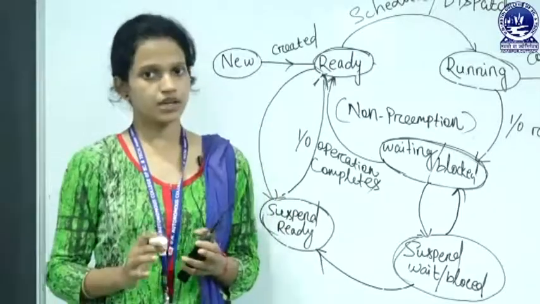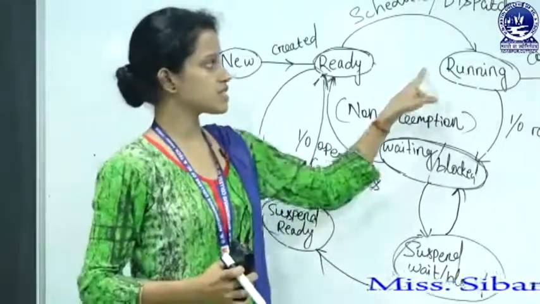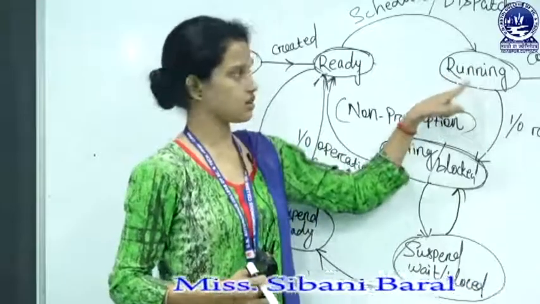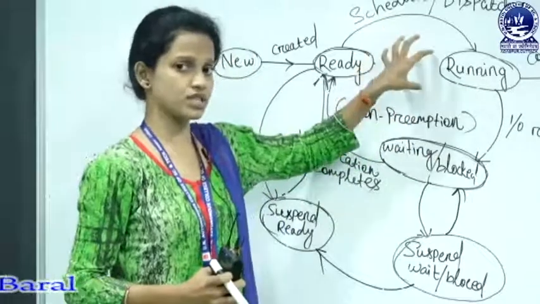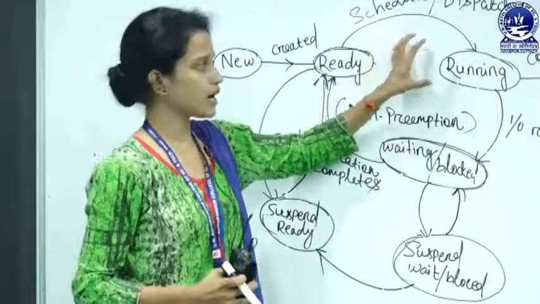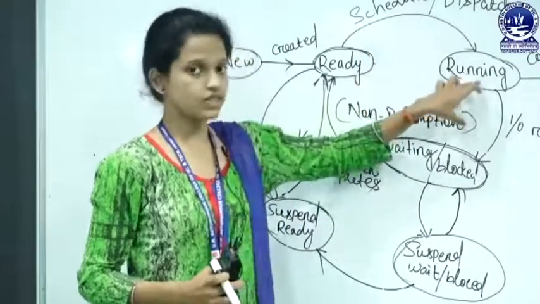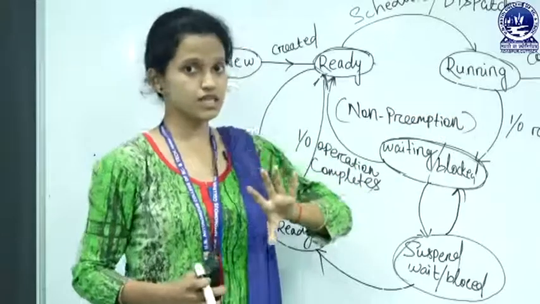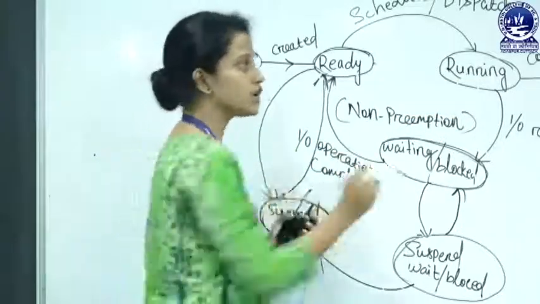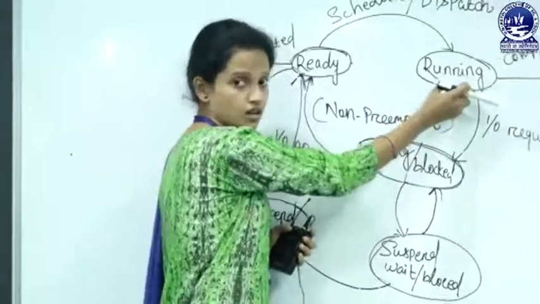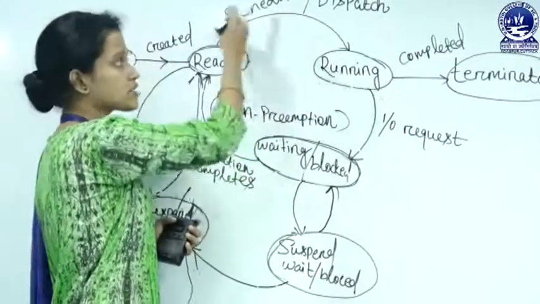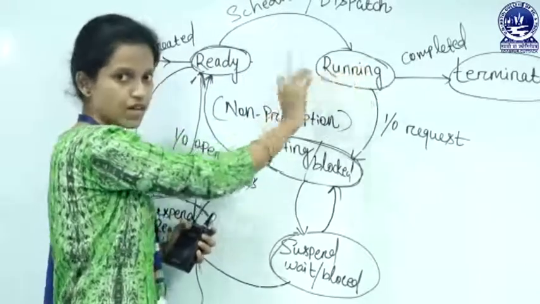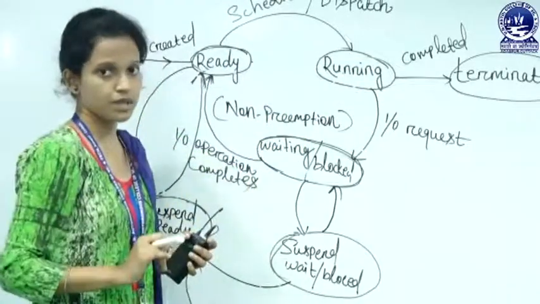So, in multi-programming, if the process is in the running state, that means it is executing, and that process has been allocated to the CPU. Then in multi-programming cases we cannot forcefully remove that process from the running state and allocate some other process to that CPU.